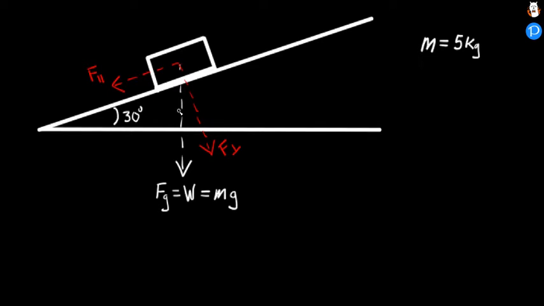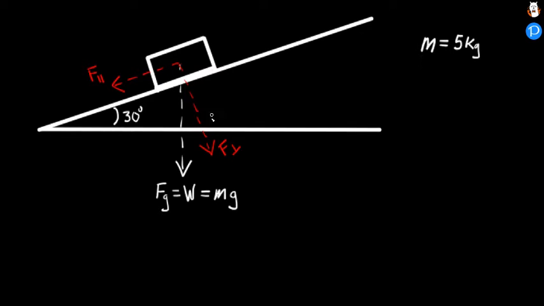So this force of gravity, or the weight of the box, can be broken up into these two components, the force that is parallel to this incline and the force that is perpendicular to this incline here. Now, how can we go about figuring out then what is the amount of force this way and what is the amount of force this way?